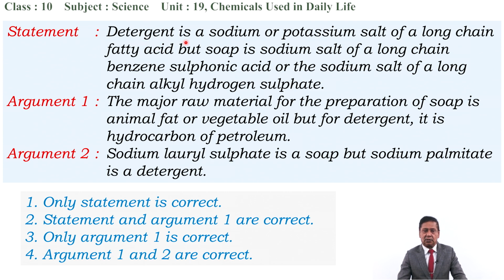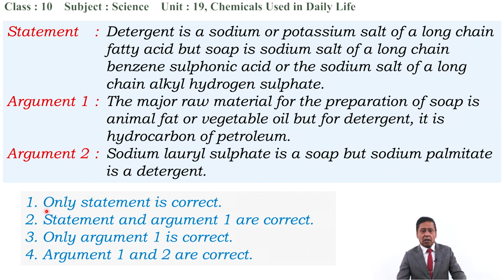Not detergent. Soap is the sodium or potassium salt of a long chain fatty acid. Instead of soap here, it should be detergent. Detergent is the sodium salt of long chain benzene sulfonic acid. That's why this statement is incorrect. Just opposite. Instead of detergent, soap is written. Instead of soap, detergent is written. That's why option number 1 is incorrect.